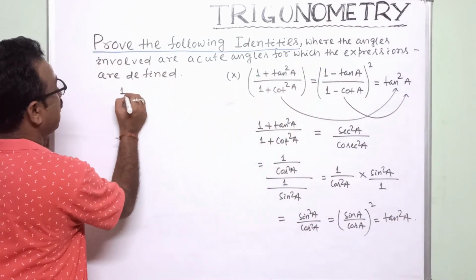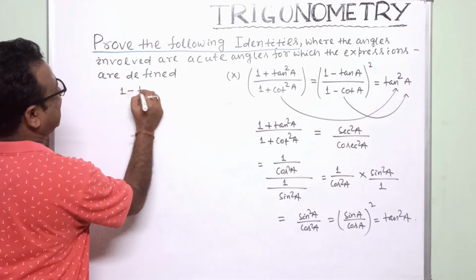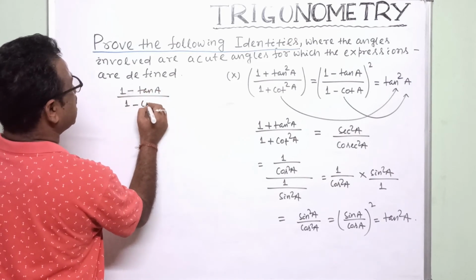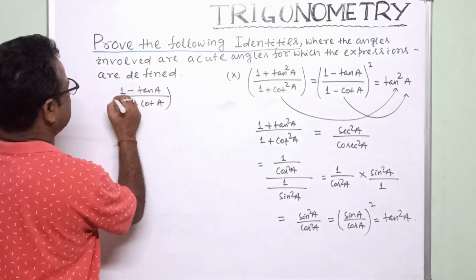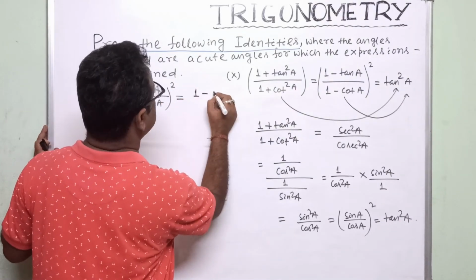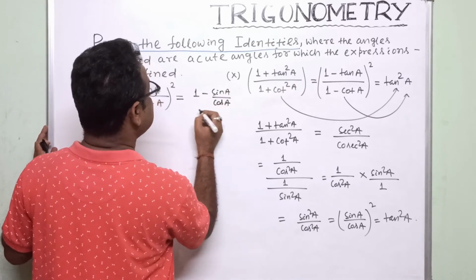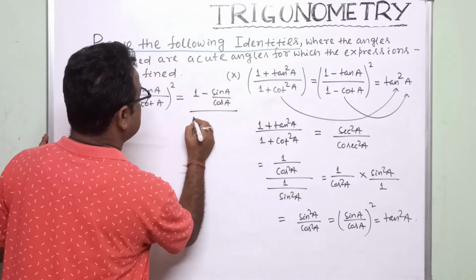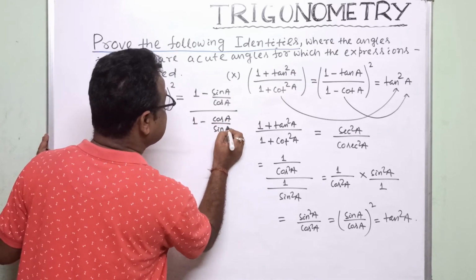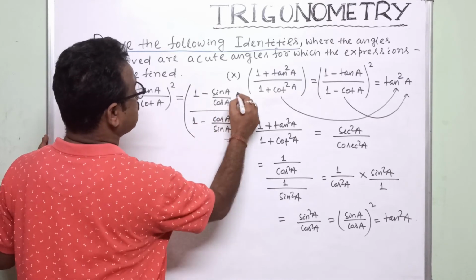Now move on to the next part. See, 1 minus tan A by (1 minus cot A) whole square. That is equal to 1 minus sin A by cos A, that is your tan A, by 1 minus cos A by sin A, that is your cot A, whole square.